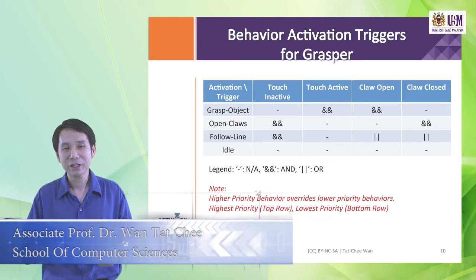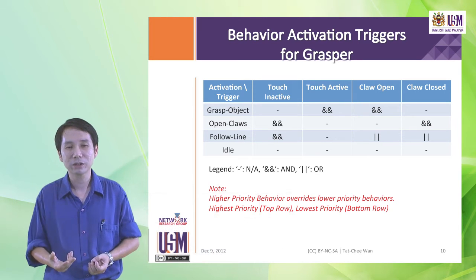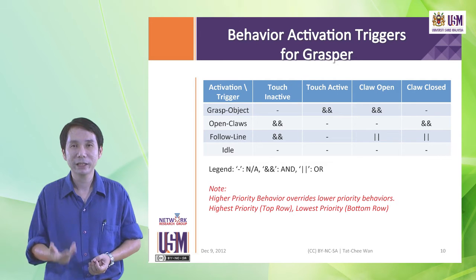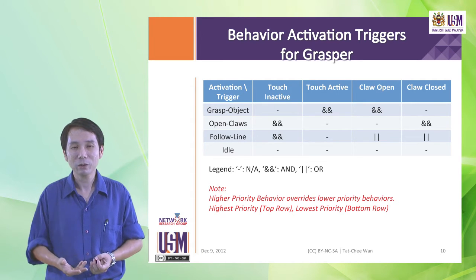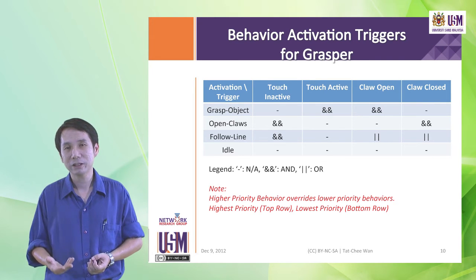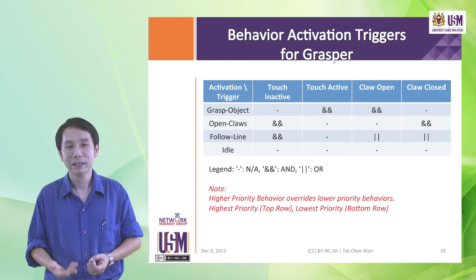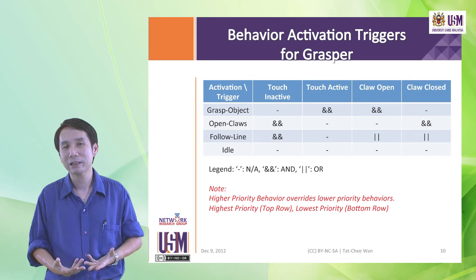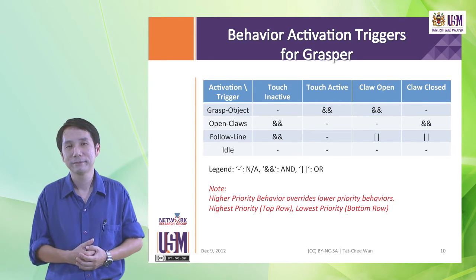On the other hand, if touch is inactive and the claws were closed, open claws behavior will be activated. Follow line will be activated when the touch is inactive, but it does not care about the claw position, whether it's open or closed. So follow line will only be triggered if open claws is not triggered, because follow line has a lower priority than open claws. And lastly, idle will be triggered if no other behavior is active.